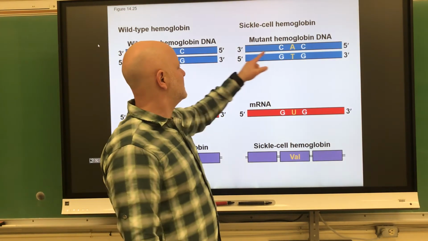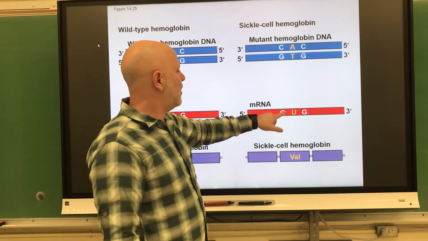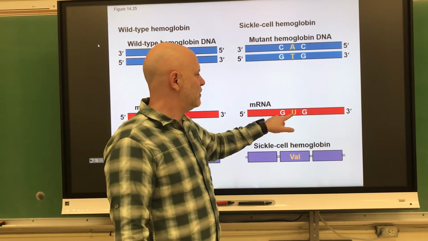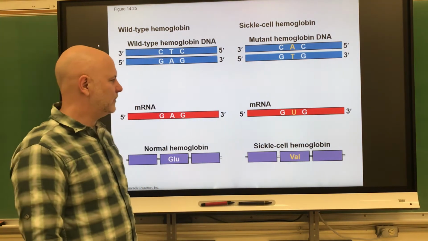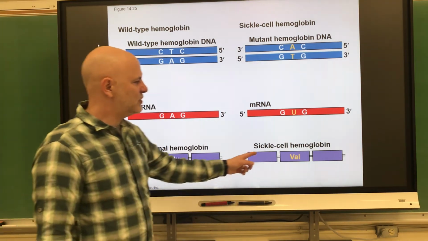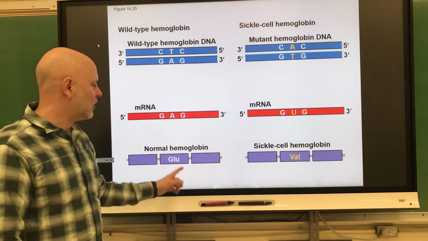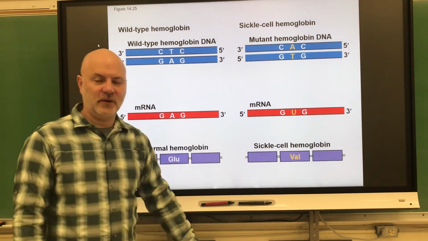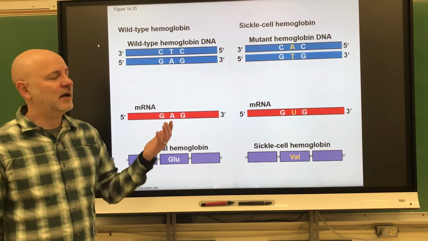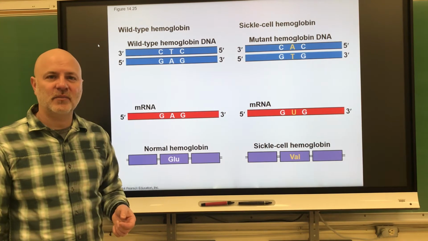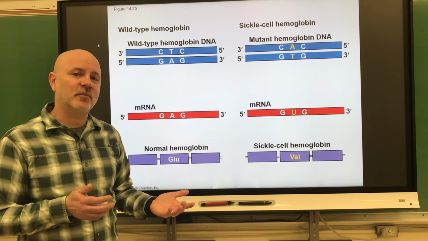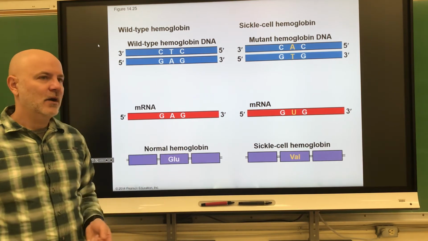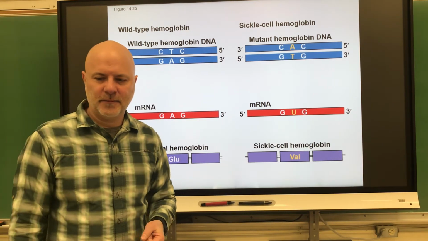Well, if you just change that T to an A, now we have a different messenger RNA of GUG there, which gives us a different amino acid called valine. And valine changes the shape of a normal hemoglobin to a sickle cell hemoglobin. So this is how important a point mutation can be. In most cases, we get something very similar to the protein that we once had. Here, we get something a lot different.